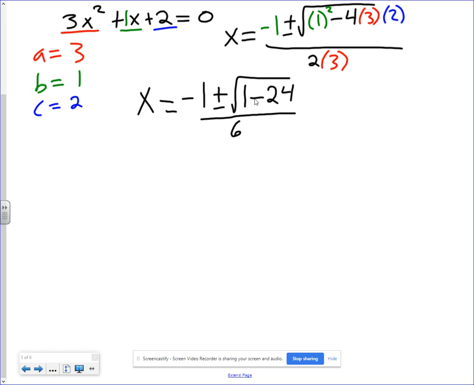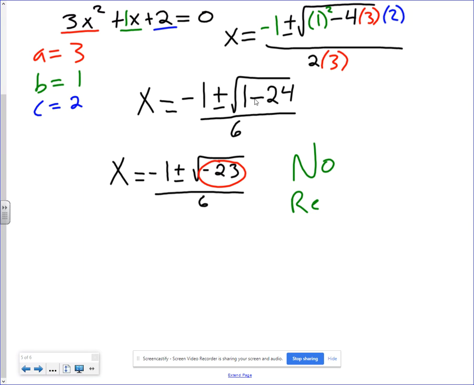So when we simplify under the square root this time, we have x is equal to negative 1 plus or minus the square root of negative 23 over 6. And here, under the square root, we have a negative number, a negative 23. So what that means is that for this equation, there are no real roots because we cannot take the square root of a negative number.